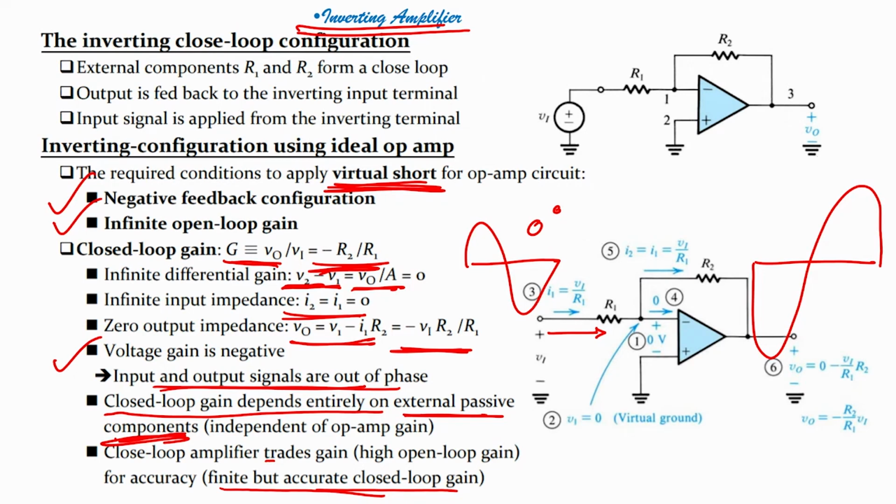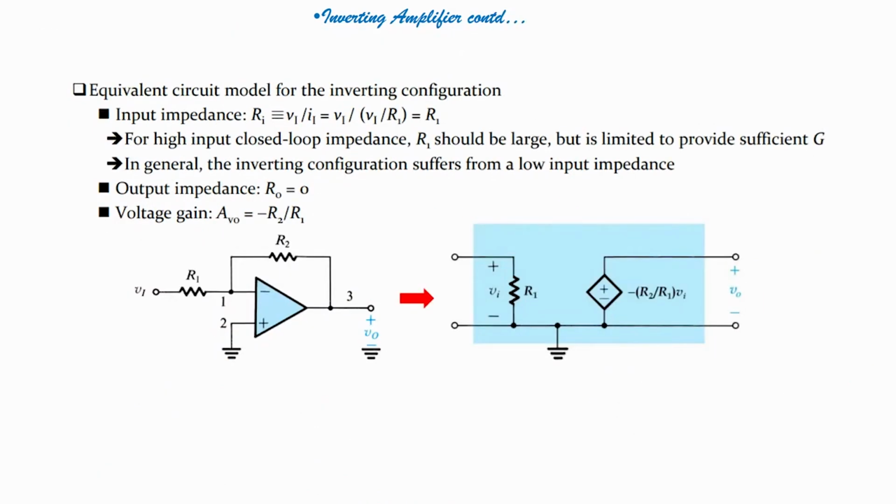This is the inverting amplifier. Now, if I draw the equivalent circuit model of inverting configuration, what will I have? I have R1, my gain is minus R2 by R1 into VI, I have output voltage VO, input voltage VI, right.